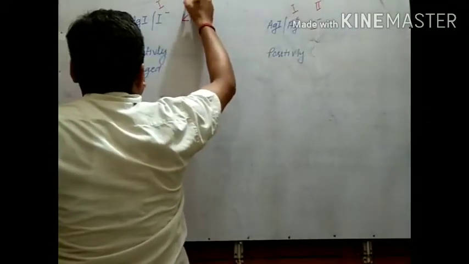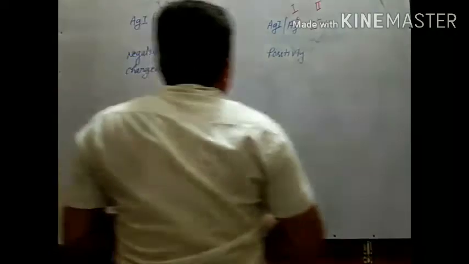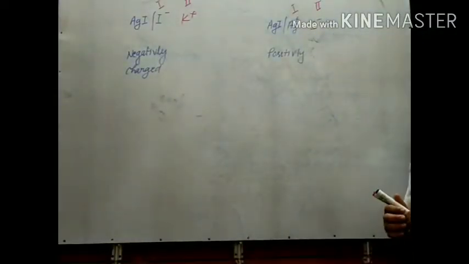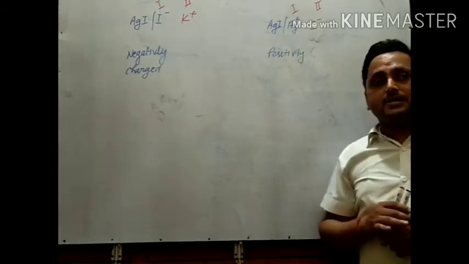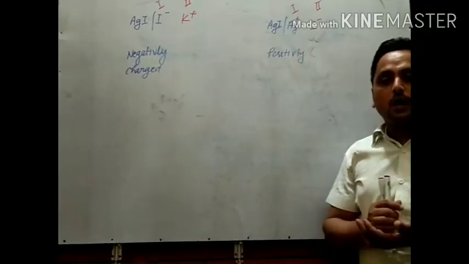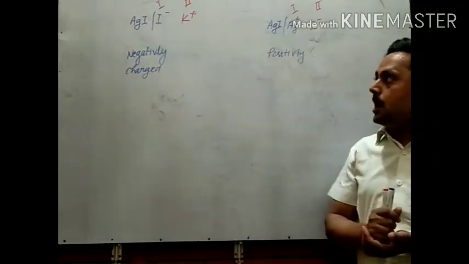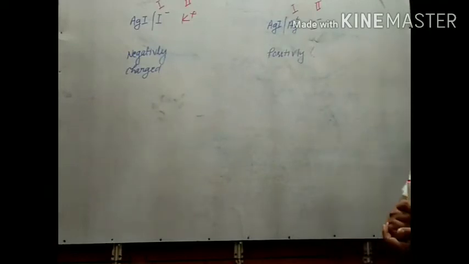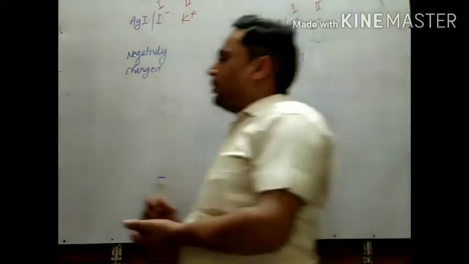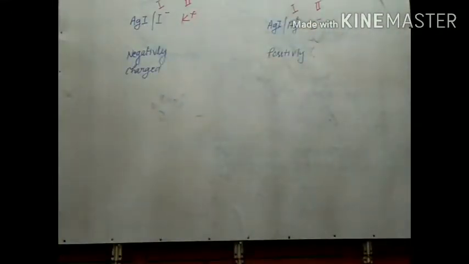When positively or negatively charged colloids attract the opposite charges from the dispersion medium, it forms a second layer, and this is called electrical double layer.